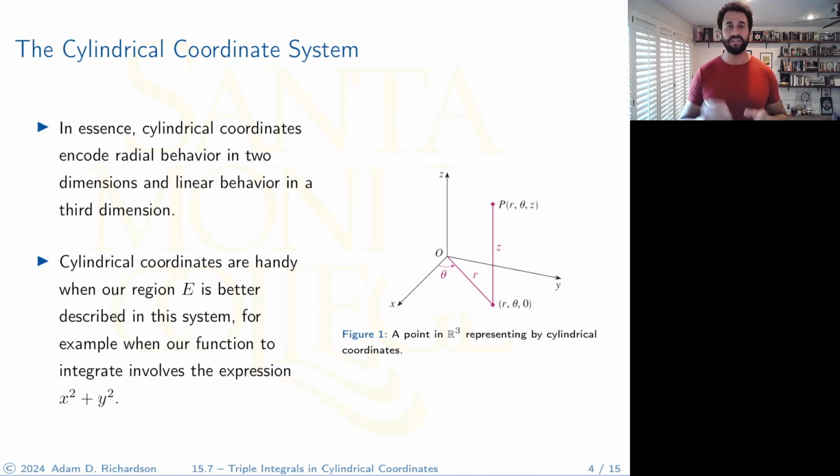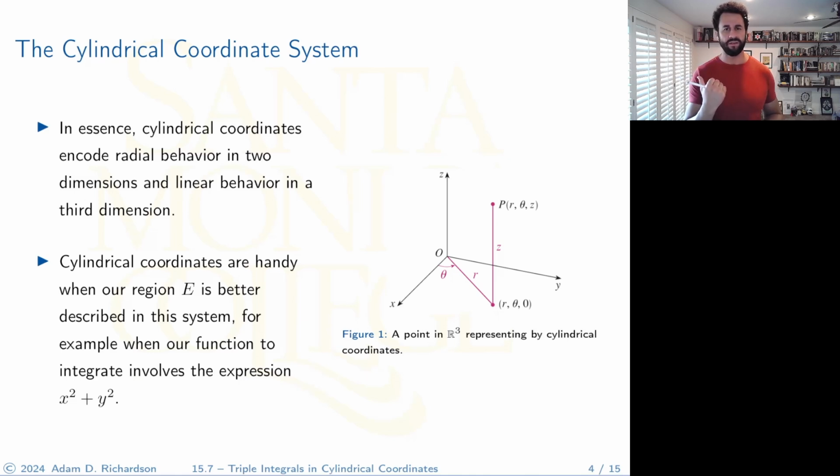So we've seen examples of this before, but if your region is easily described radially in two dimensions and linearly in a third dimension, cylindrical coordinates can simplify things quite a lot. And we actually did see that in a couple examples already. I know we saw one in the example last section.